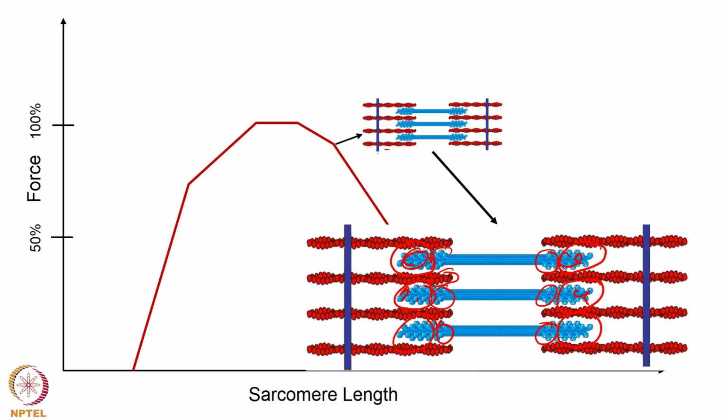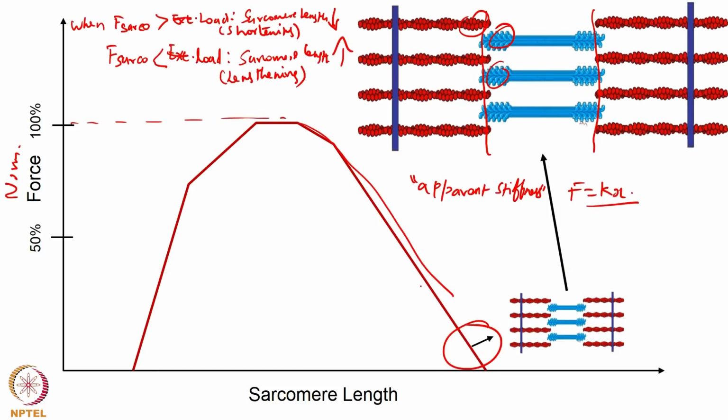There are a bunch of steps in the cross bridge cycle or in the sliding filament theory that will have to be repeated. The rate at which the cross bridges can be formed limits the rate at which the muscle can contract.